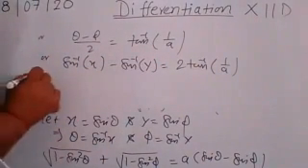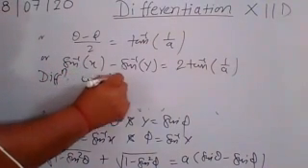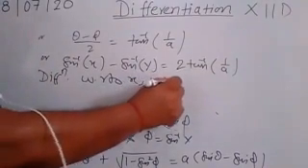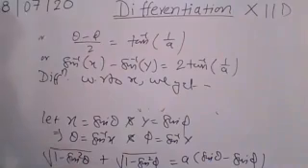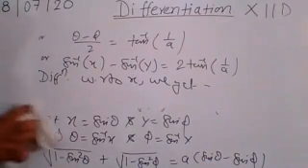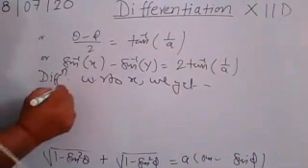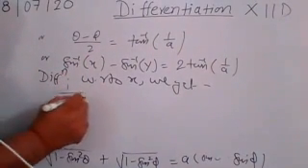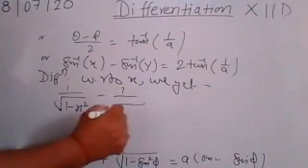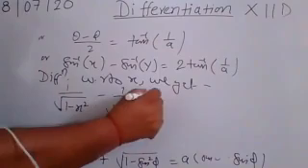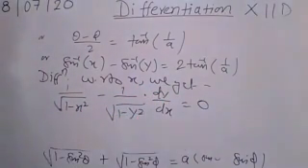Now differentiating with respect to x, we get: the differentiation of sin⁻¹x is 1/√(1 − x²), minus 1/√(1 − y²) into dy/dx, and that is equal to 0.